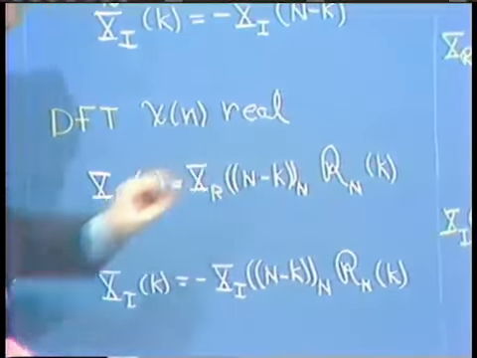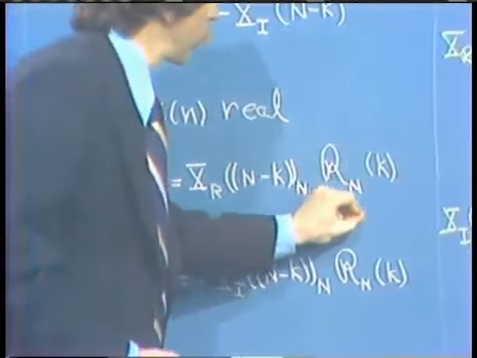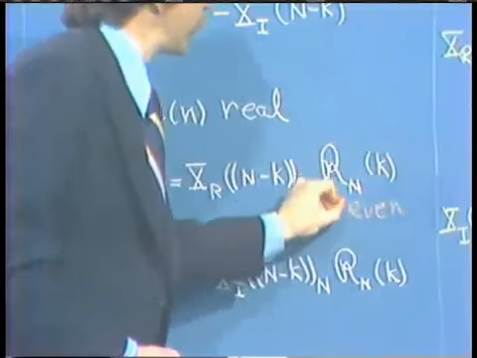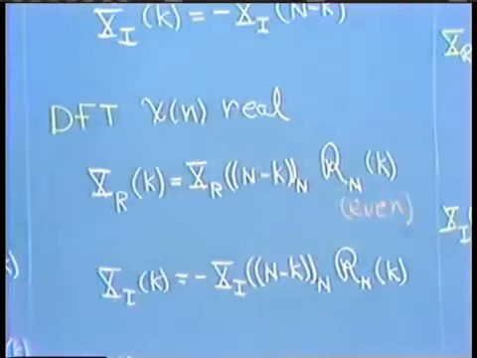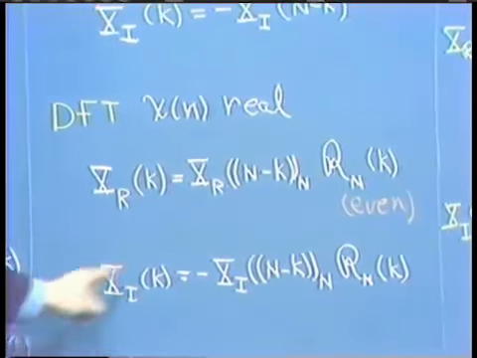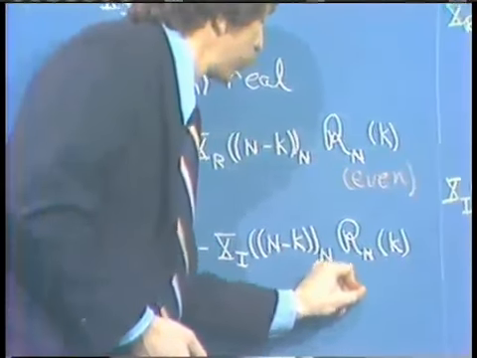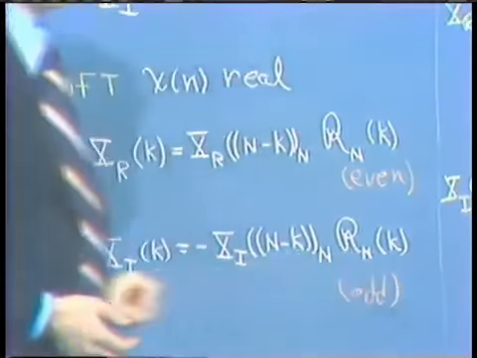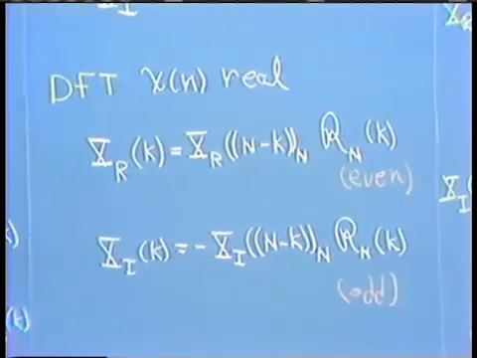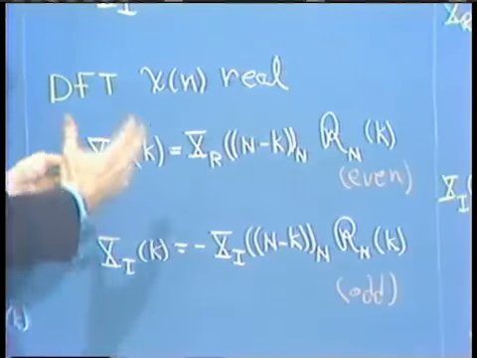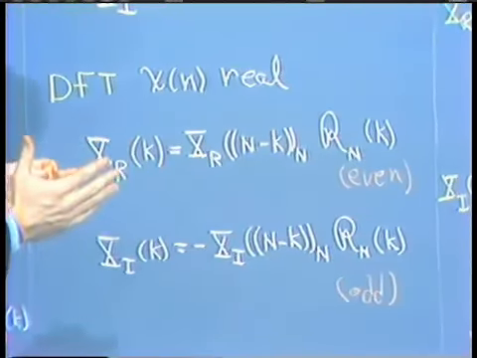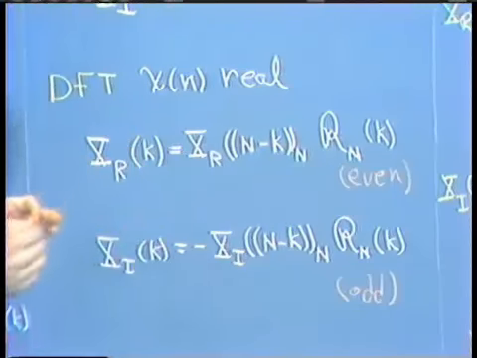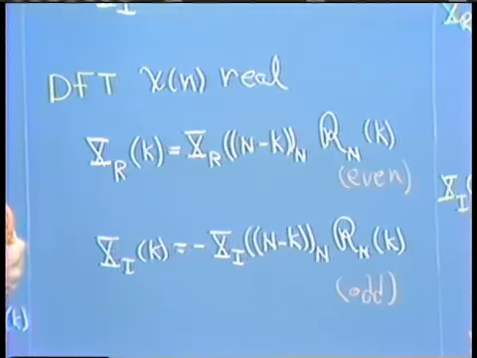This is basically a statement that says that the real part is even, if we interpret even correctly, and the imaginary part is odd, if we interpret odd correctly. And in particular, the interpretation is a little different than the way we've been talking about even and odd sequences.